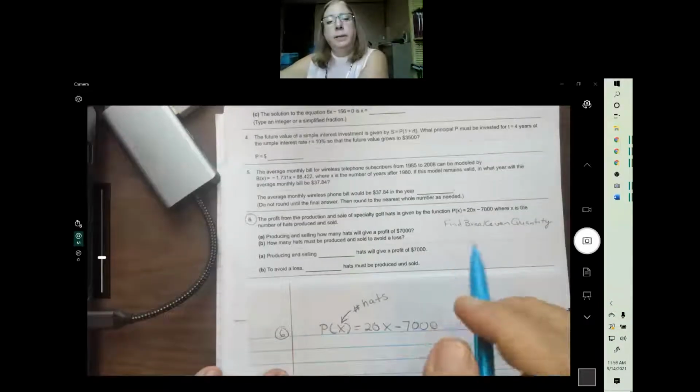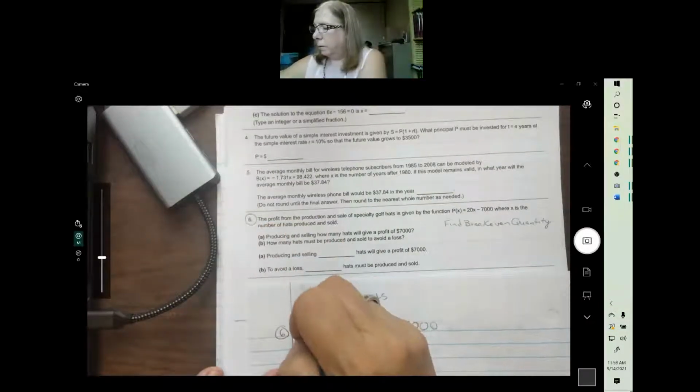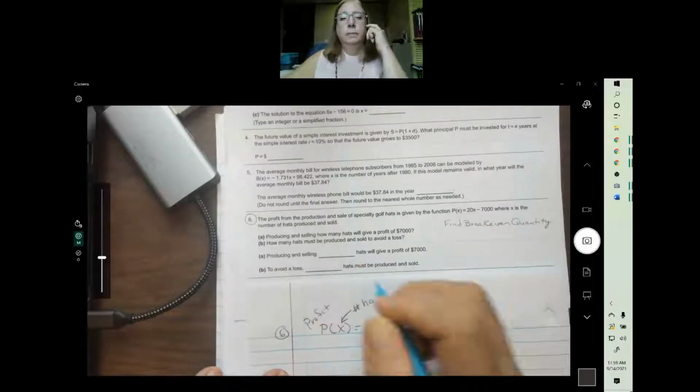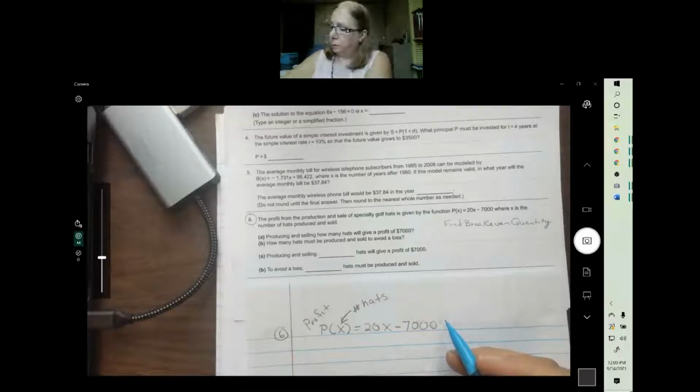Oh, and right here it says P of X is profit. A, producing and selling how many hats will give a profit of $7,000?